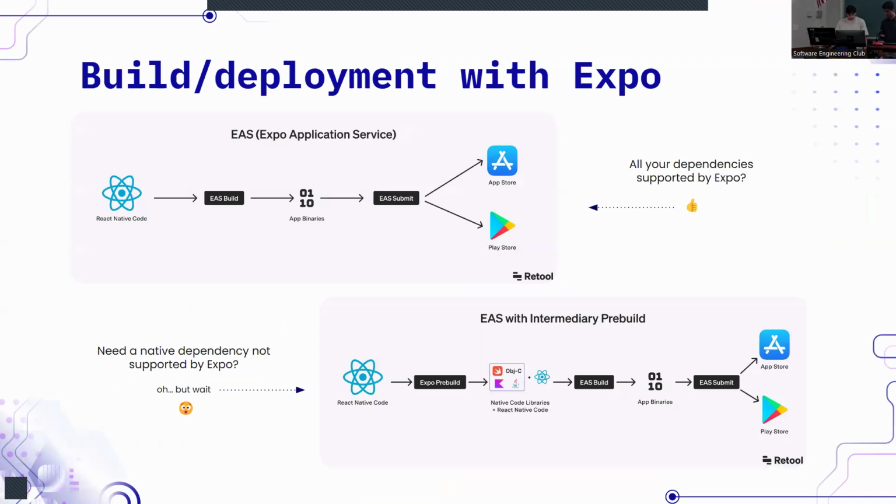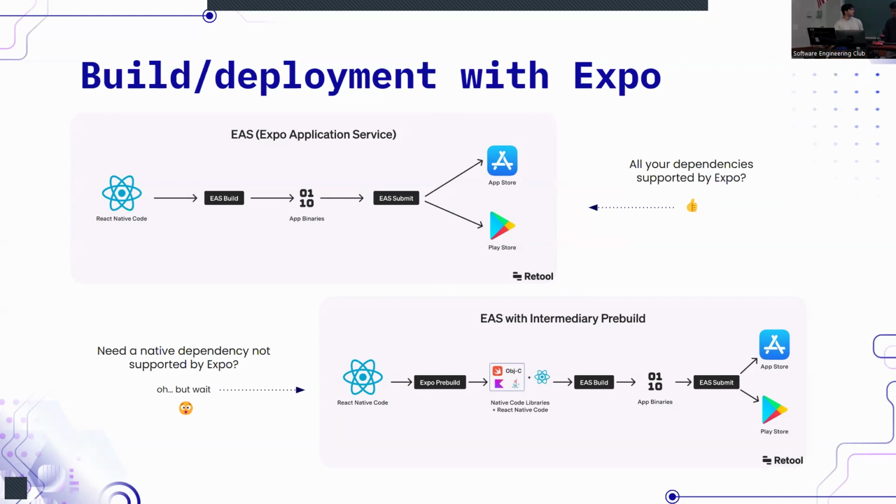And you go over this. Yeah, so the way build deployment works with Expo is a bit complex. We don't need to get into too much detail, but essentially you have React Native code that runs using EAS Build, and then it creates the app binaries, and as you can see, EAS Submit exports it to iOS as well as Android.